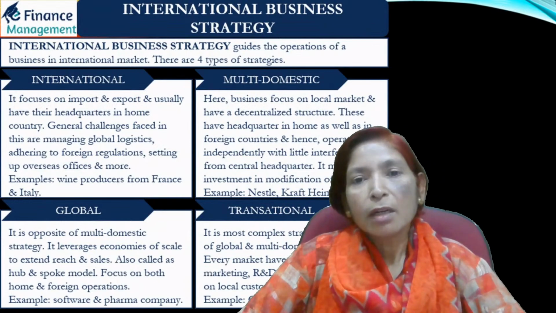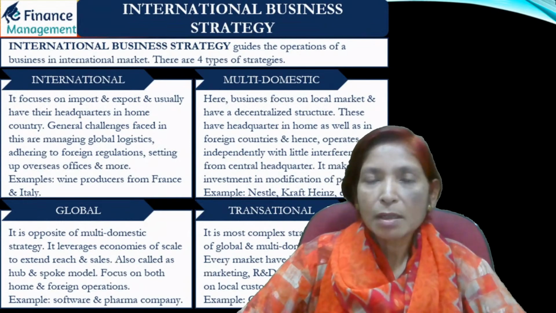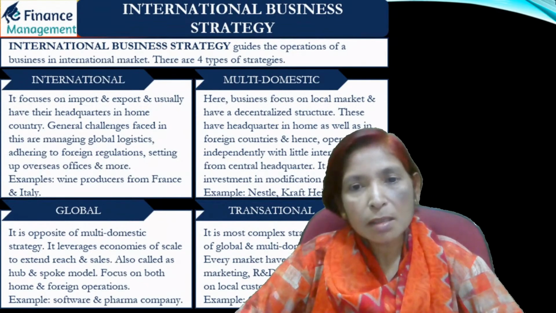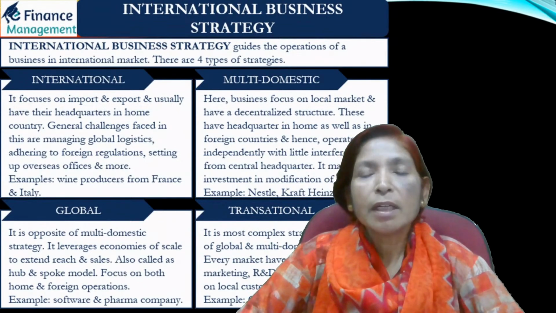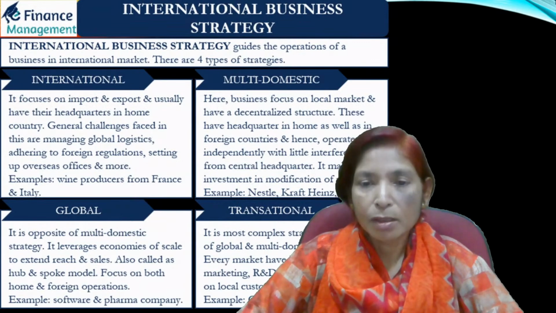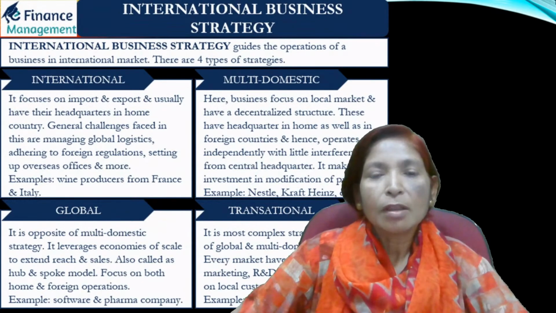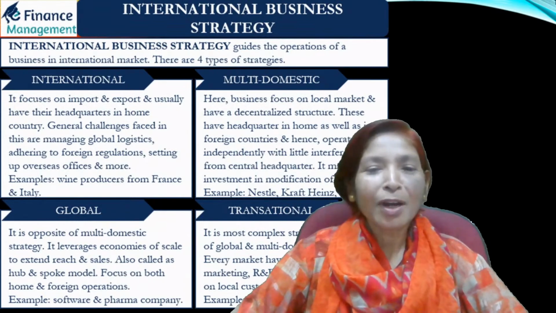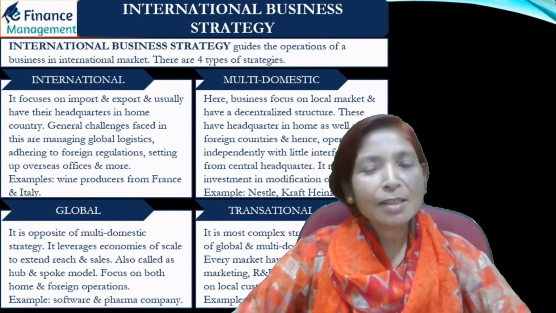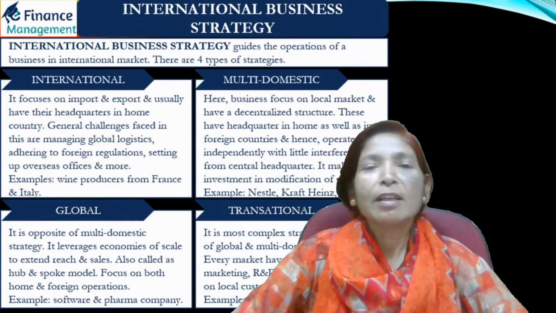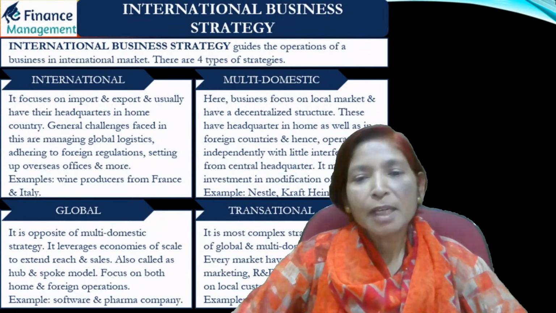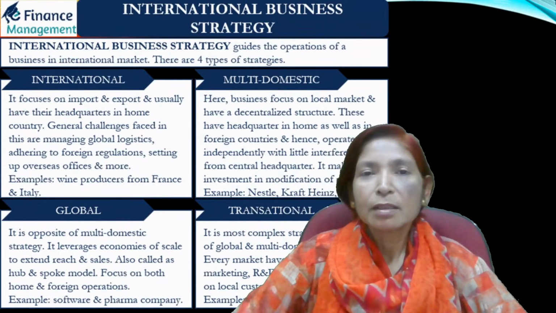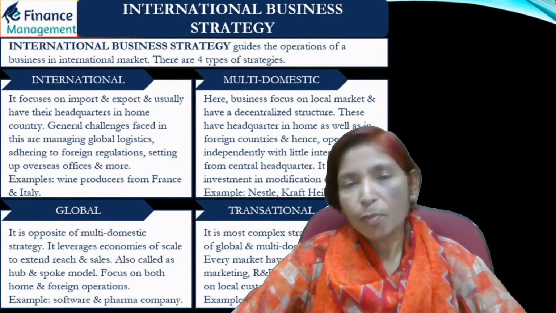Next is the multi-domestic business strategy. Here, business focuses on the local market and has a decentralized structure. These have headquarters in the home country as well as in foreign countries and hence operate independently with little interference from central headquarters. It makes big investments in modification of products.